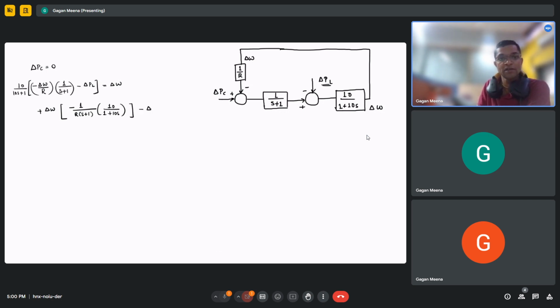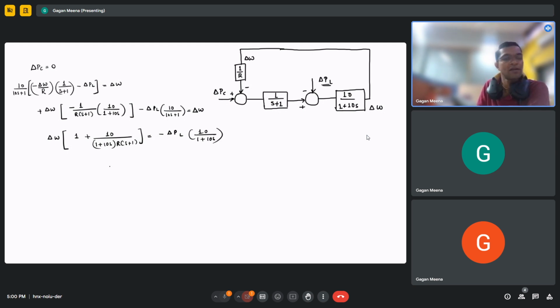And this is minus delta PL into 10 divided by 10s plus 1, and this is equals to delta omega. Now delta omega into 1 plus 10 divided by 1 plus 10s into R into S plus 1, and this is equals to minus delta PL into 10 divided by 1 plus 10s.